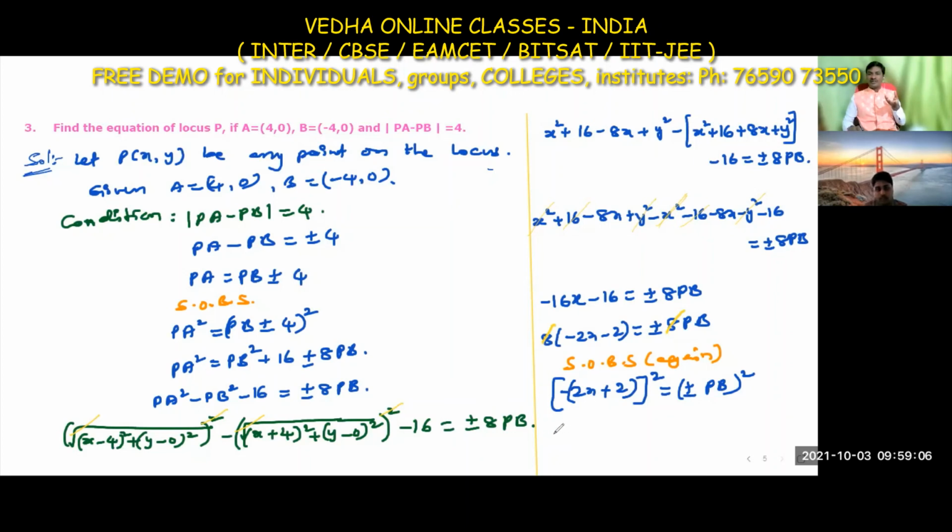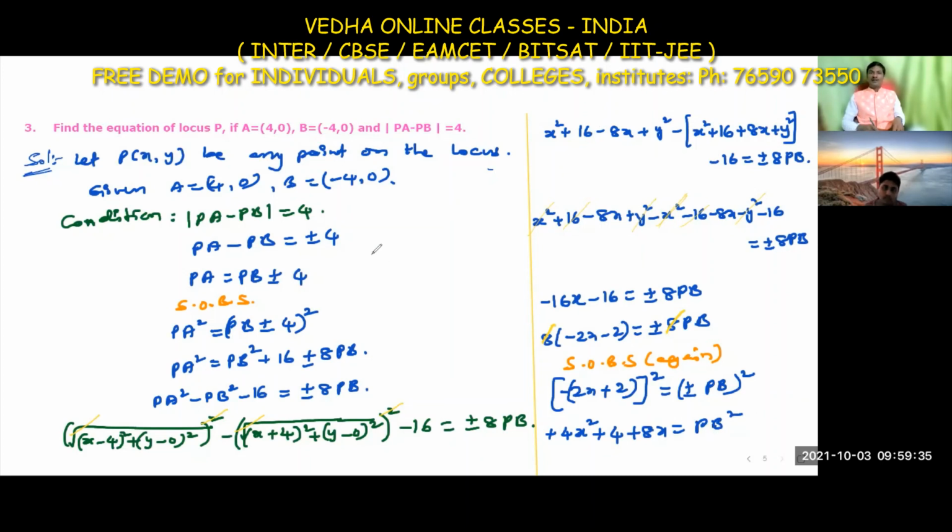So this becomes plus, and a plus b whole square formula: a square for 2x whole square, that is 4x square, b square for 2 square is 4, and 2ab, 2 times 4 is 8, 8x, we get plus 8x is equal to. The plus or minus whole square also becomes plus only. So just we write PB whole square, PB square. Okay, now we are going to apply the distance formula.